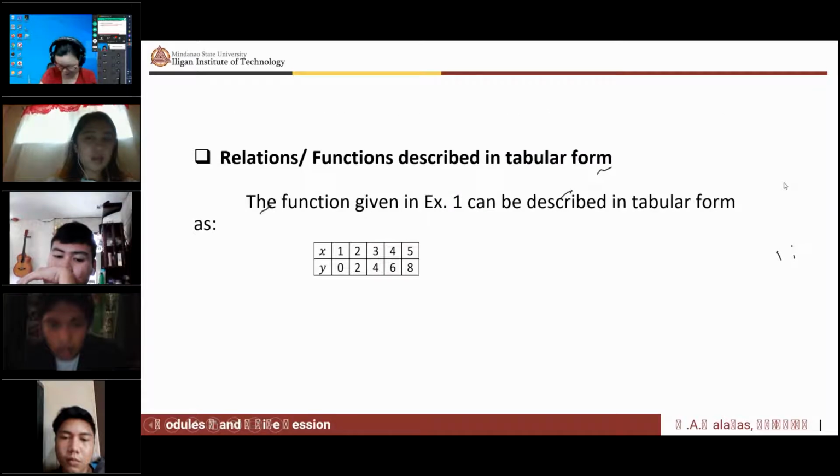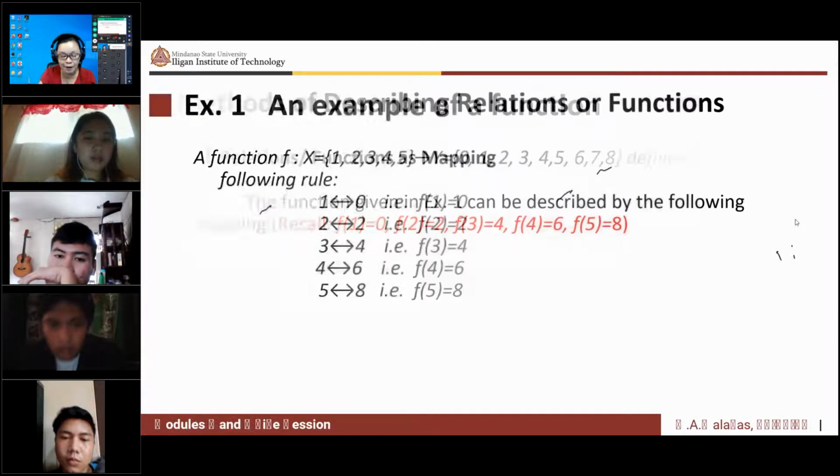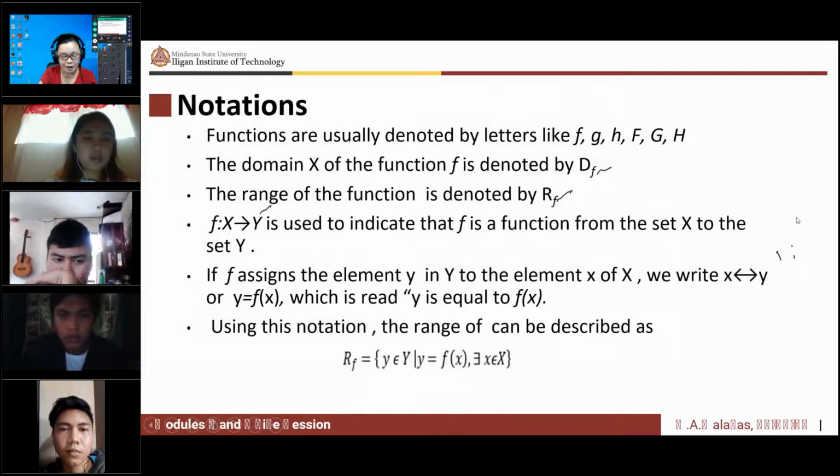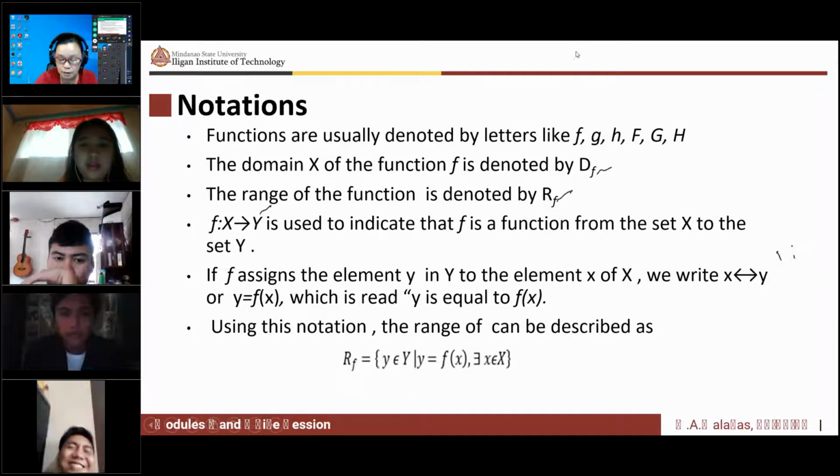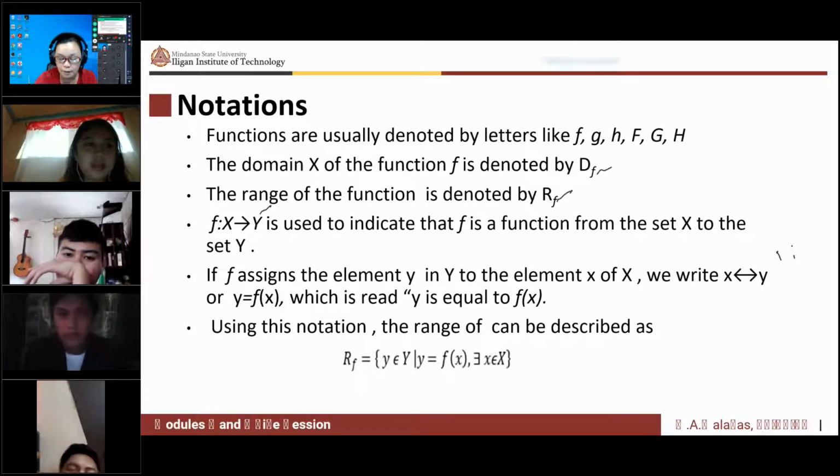Previous. Okay. All right. So some authors use this notation for x. Right. Okay. So here, x.